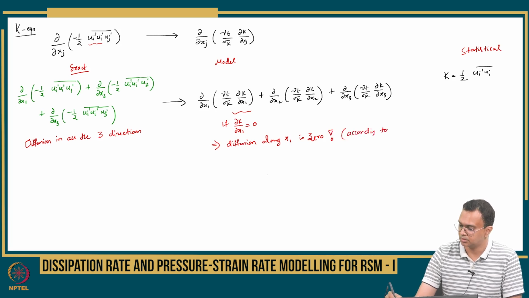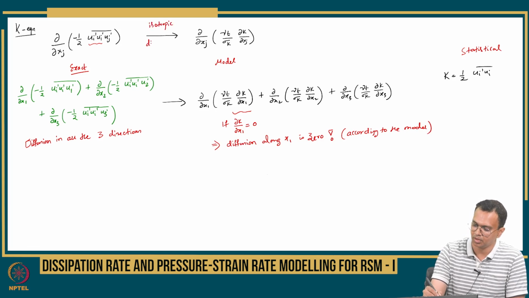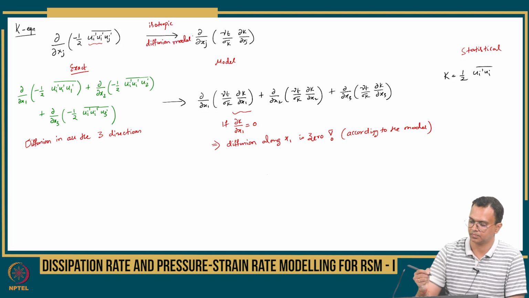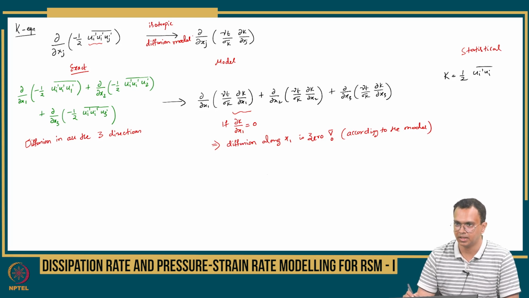And of course, we considered an isotropic diffusion coefficient here, an isotropic diffusion model. So this is giving a problem. If the gradient is 0, then the entire diffusion goes to 0 in that direction. So it may not model appropriately.